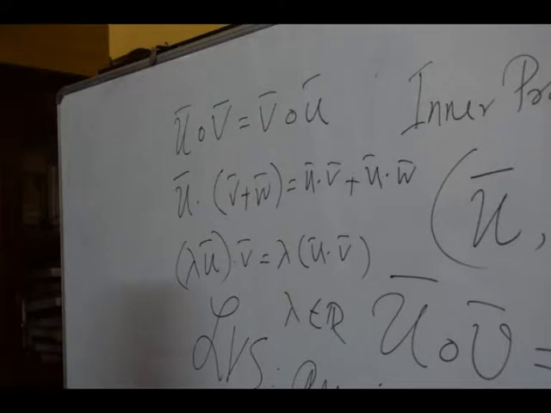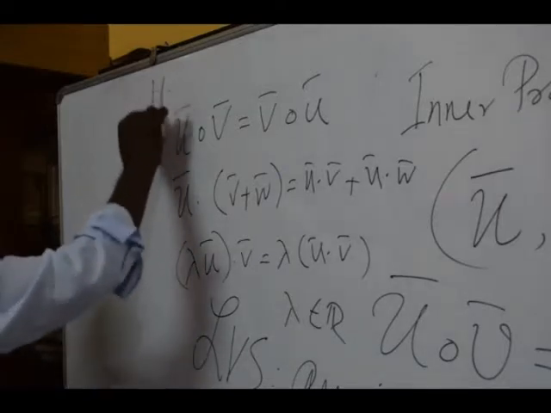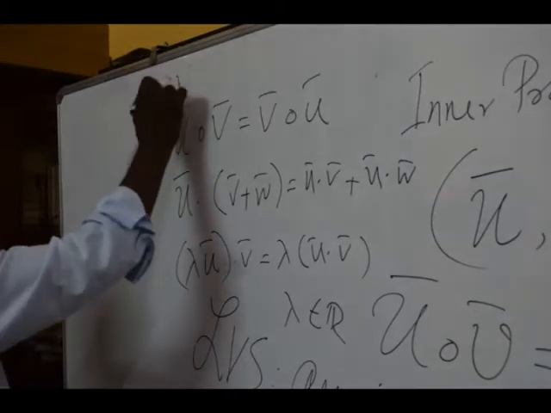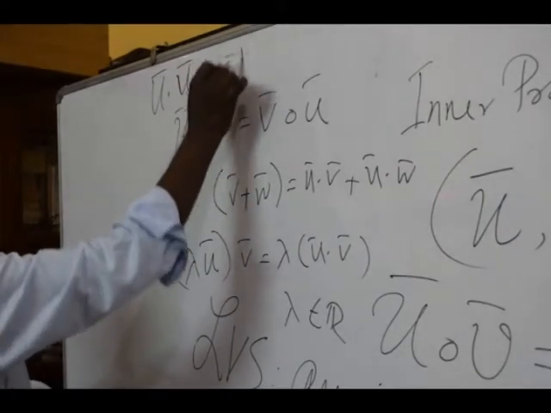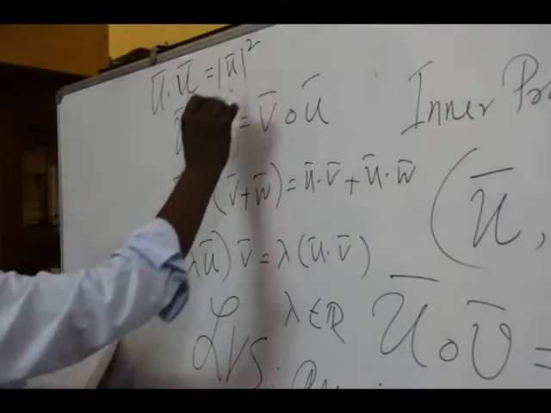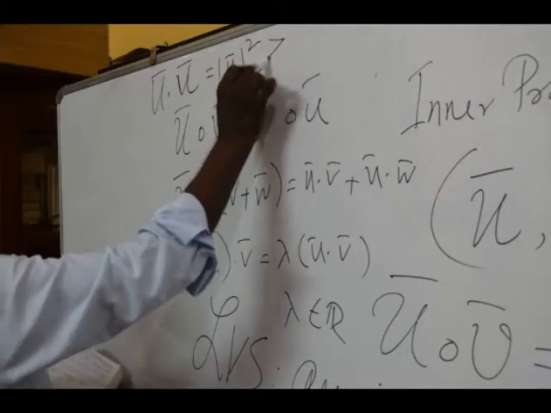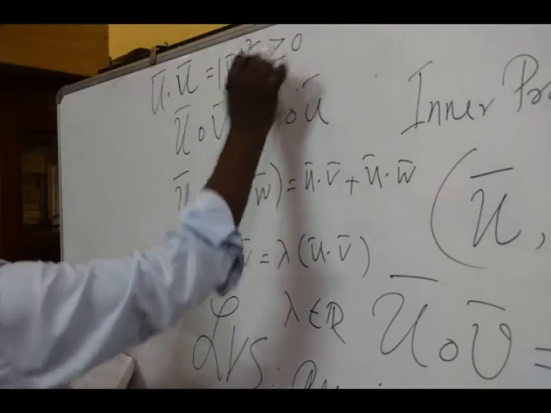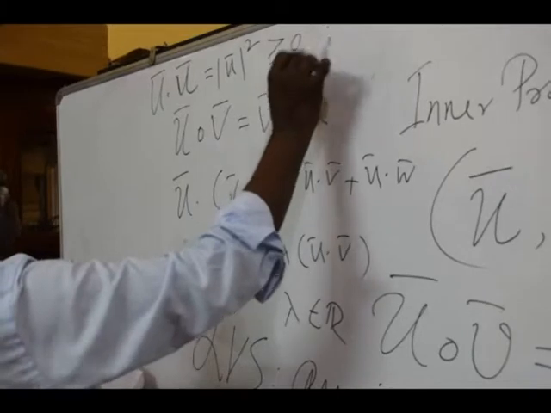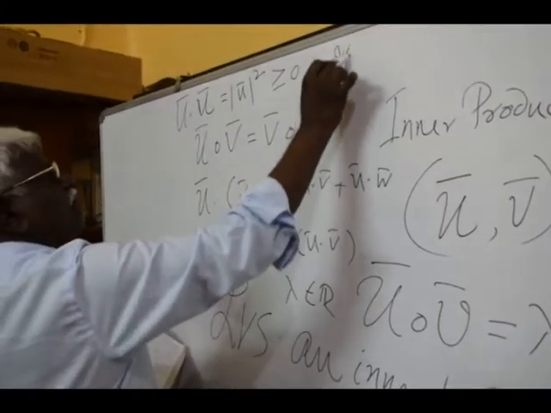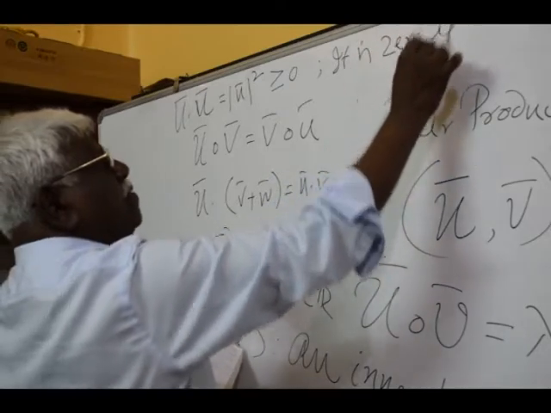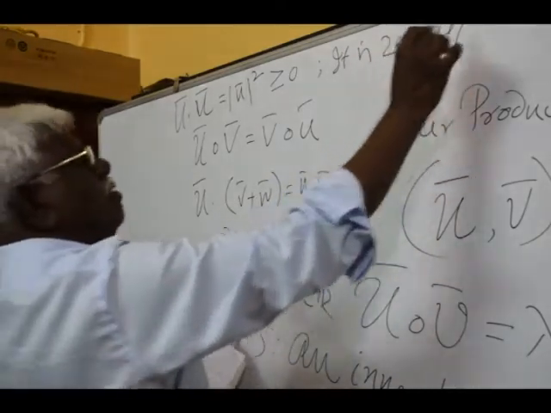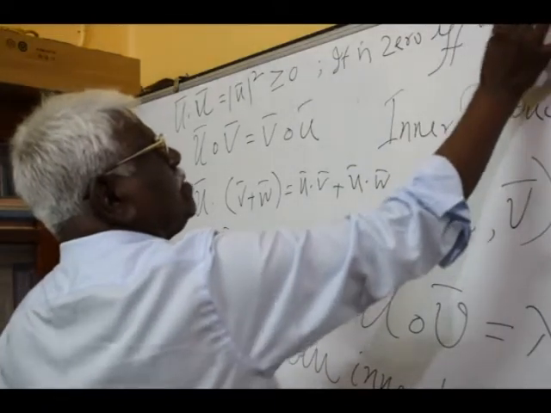We consider only that LVS over the real field such that u dot U is always mod U square, which is always greater than or equal to 0, and it is 0 if U equals the 0 vector.